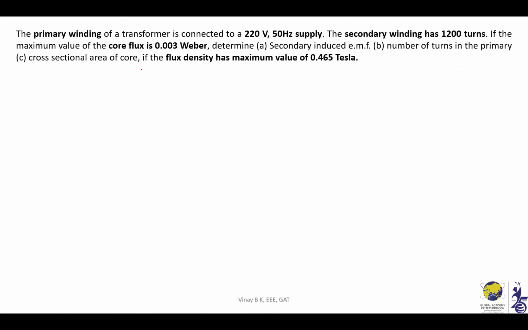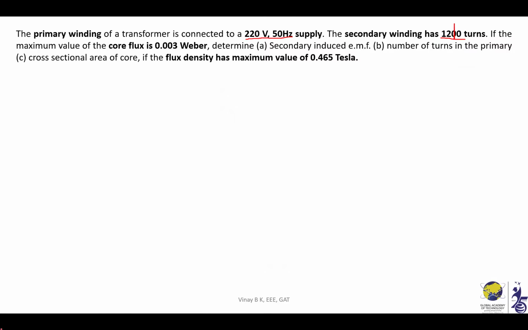So now we can see the second one. A primary winding of a transformer is connected to a 220 volts 50 hertz supply, means the primary winding which is connected. So this is V1 they are given, that is 220 volts 50 hertz, and the secondary winding has 1200 turns, that is N2 they are given, that is 1200 turns.